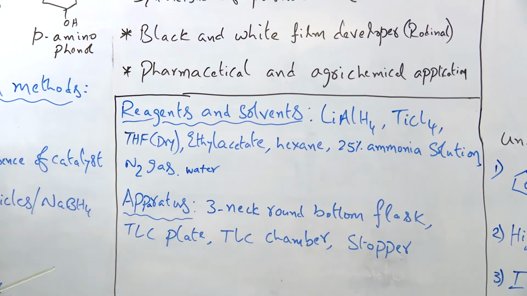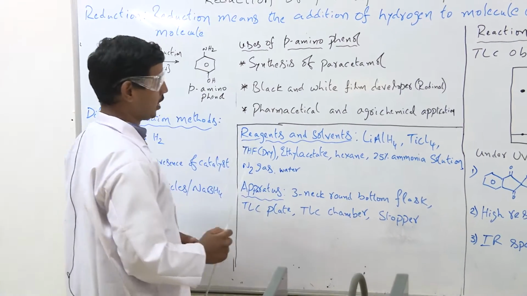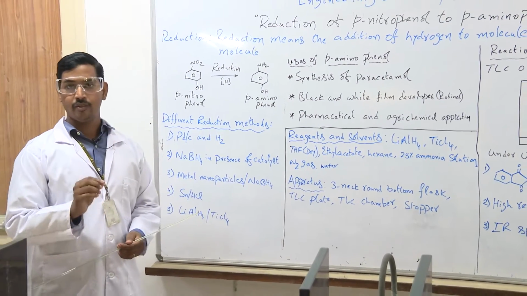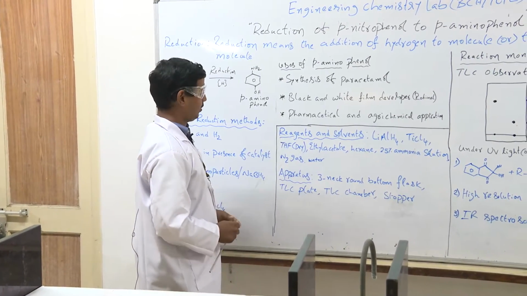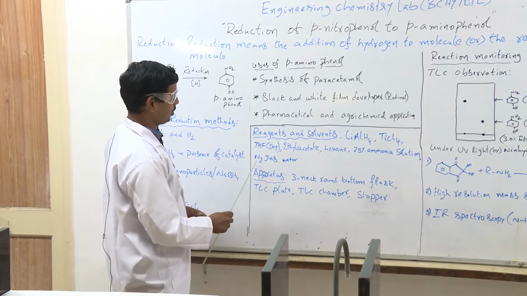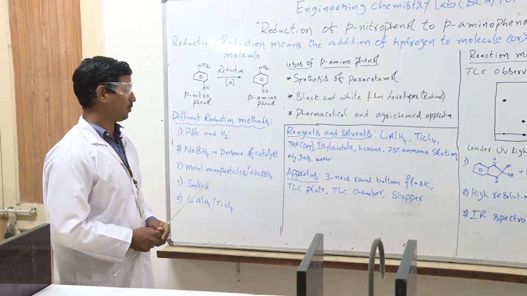To quench the reaction at the end, we require 25% ammonia solution and water. This complete reaction must be done in inert condition, so we should use nitrogen gas and not do this reaction in the atmosphere.